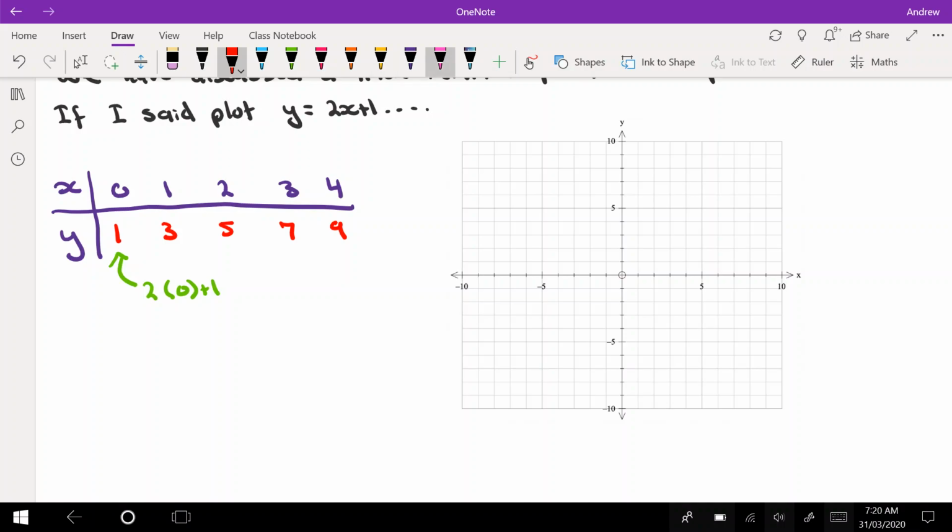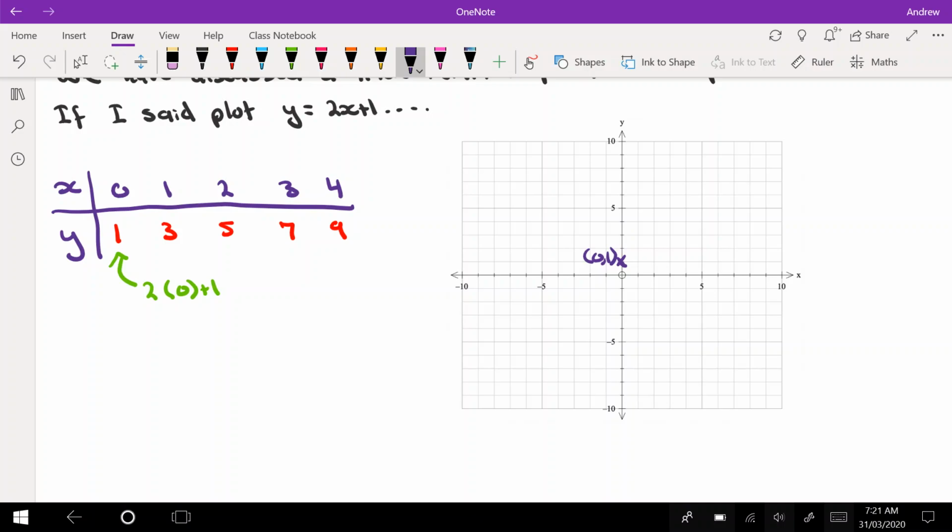Well, now I have my coordinate pairings. I have my x coordinate and my y coordinate. Remember, x tells me how far I'm going left or right. So I'm going to go 0 left or right and 1 up. So that's right here. And I'm going to mark it 0, 1.